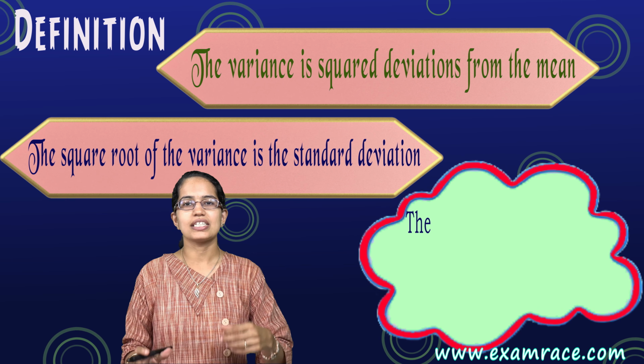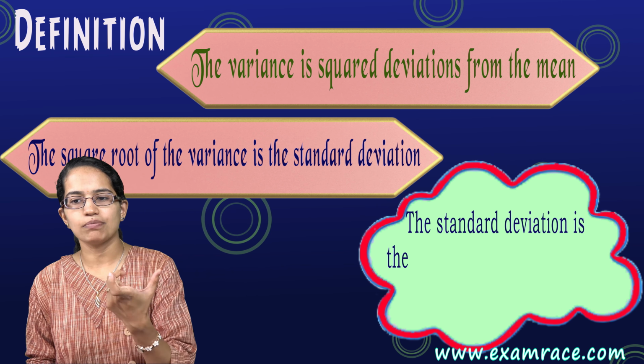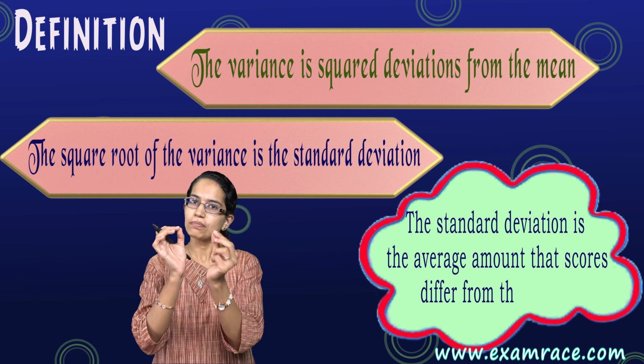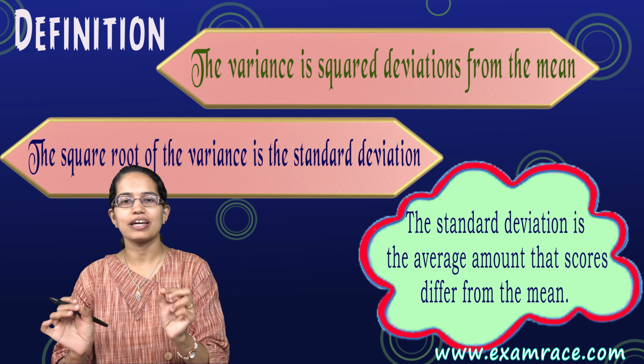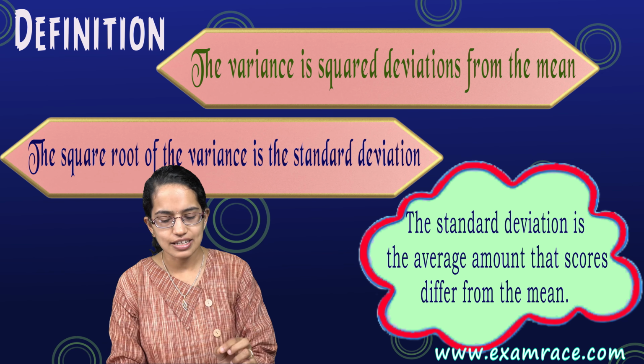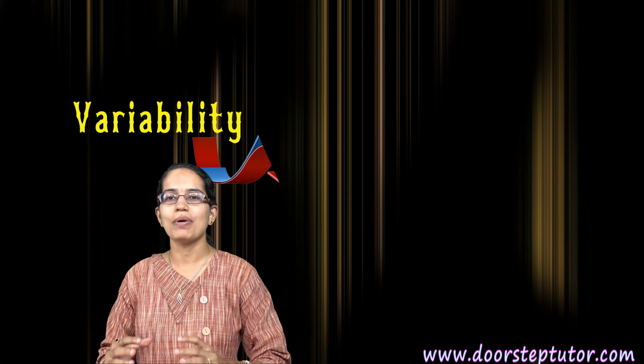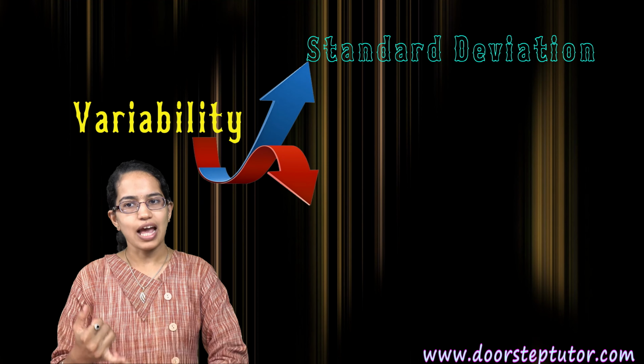So standard deviation is the average amount that the scores differ from the mean value, and that's where we understand the standard deviation, which describes the spread in the group. So under variability, we talked about standard deviation and variance.